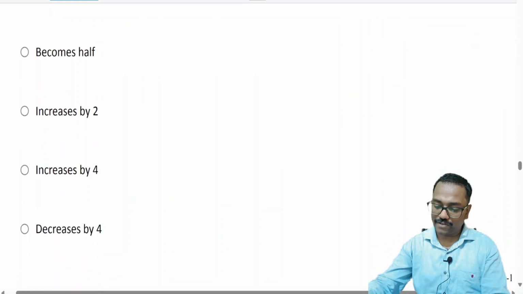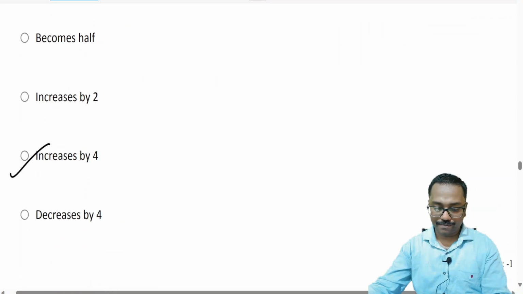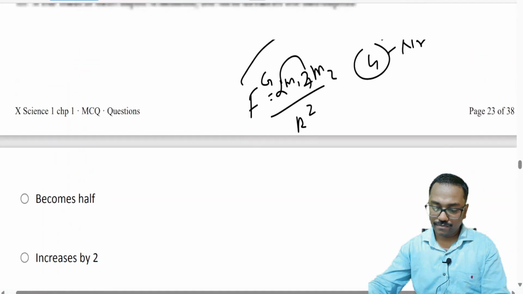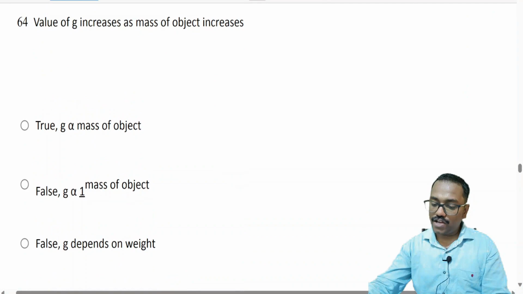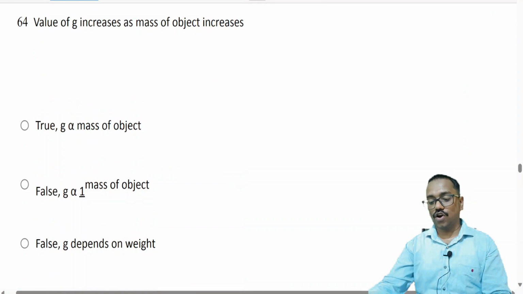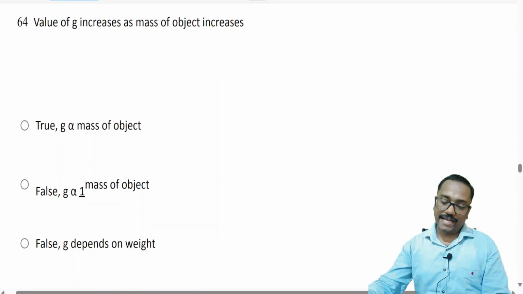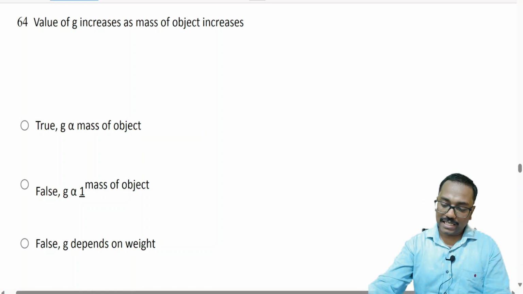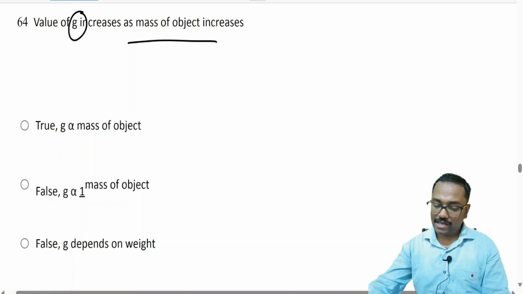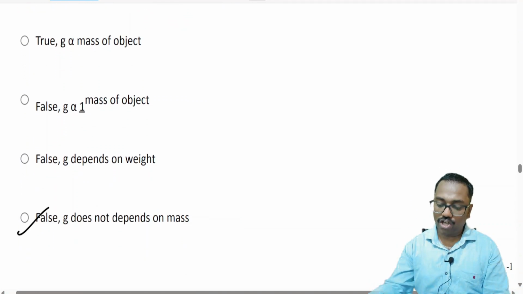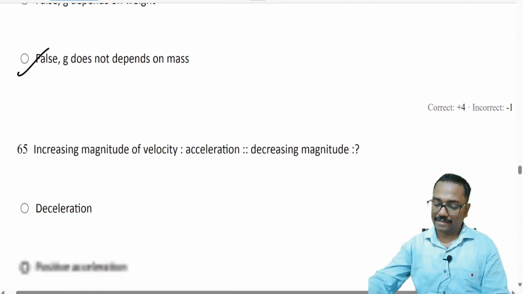So that means it will increase by 4. Next, 64th question, value of G increases as mass of object increases. So G, if the mass of object increases, then G also increases. No, it is false because G does not depend on mass.